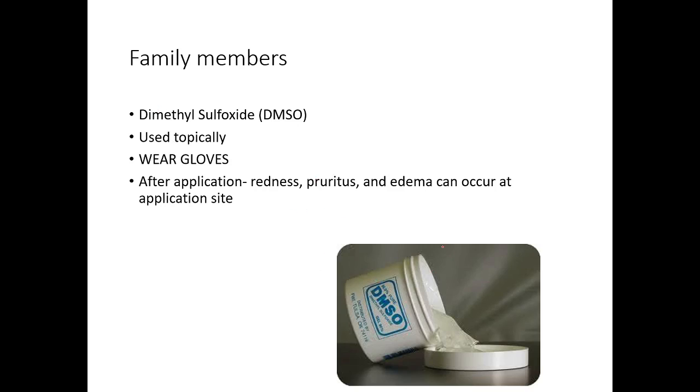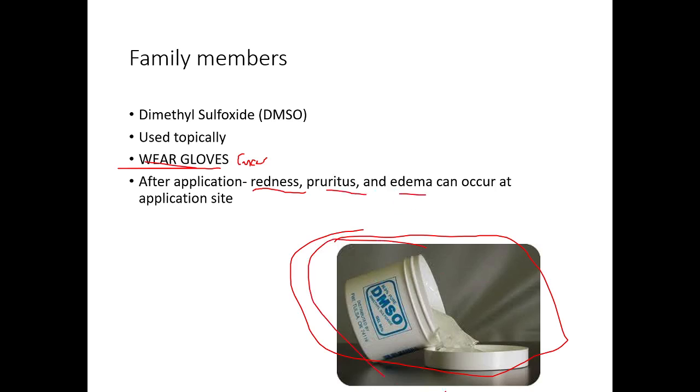Dimethylsulfoxide, or DMSO, is very smelly, smells like garlic. We can also infuse this IV. If we use it, wear gloves. If we see redness, pruritus, itching, or edema, that's due to application of the DMSO.